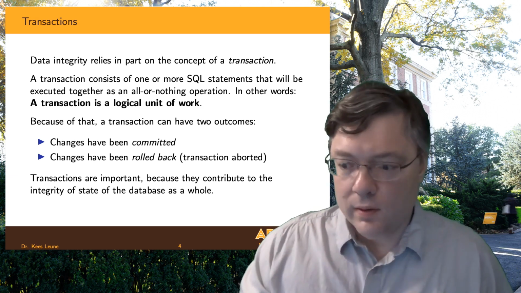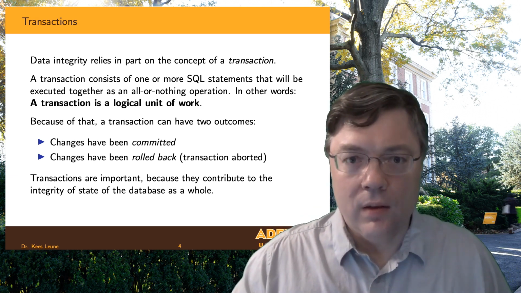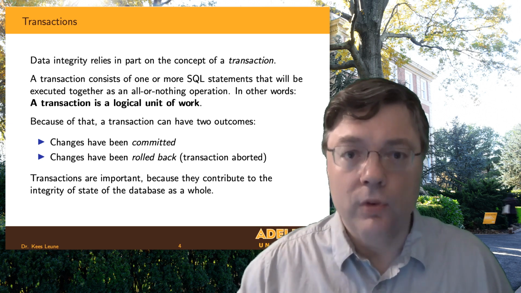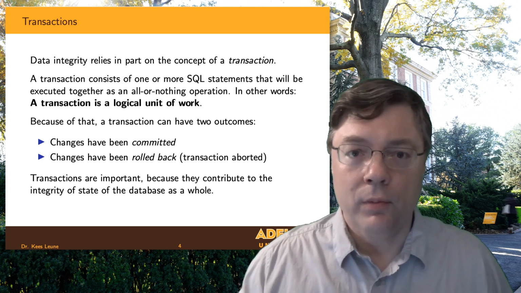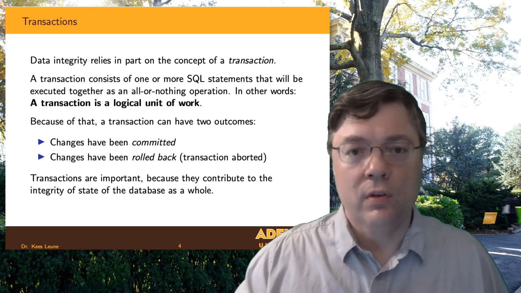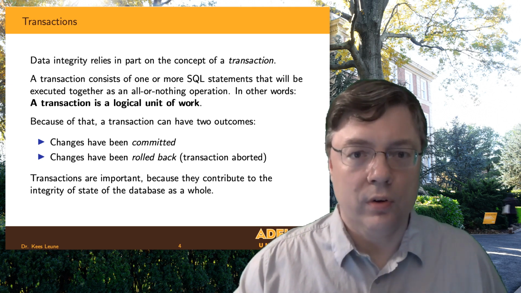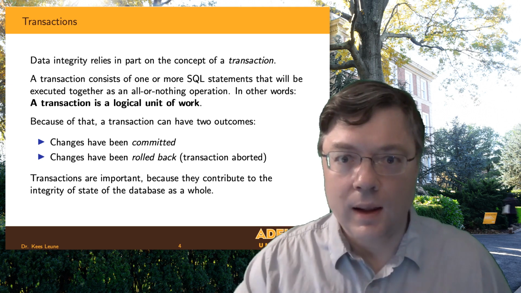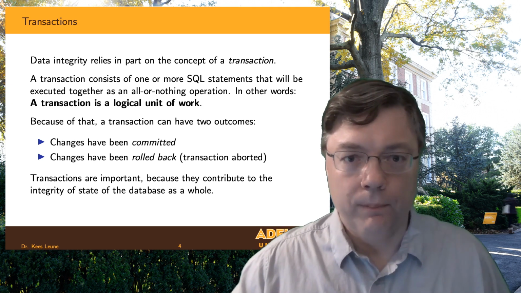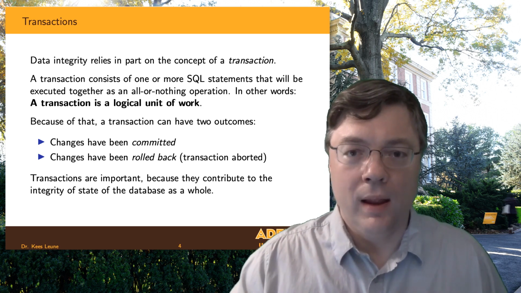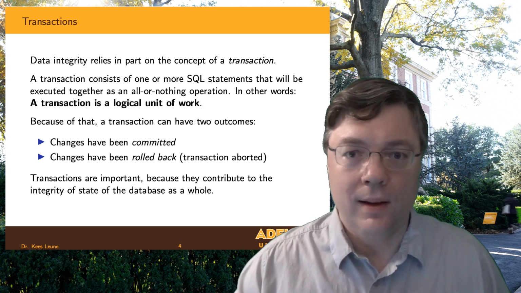So the easiest way to think about a transaction is that we're just going to take a few queries and bundle them together. And then from that point, that bundled group of queries is considered to be one logical unit of work. And since it's one logical unit, it can't be subdivided any further. So for example, I might have a few inserts paired with an update and a delete query.